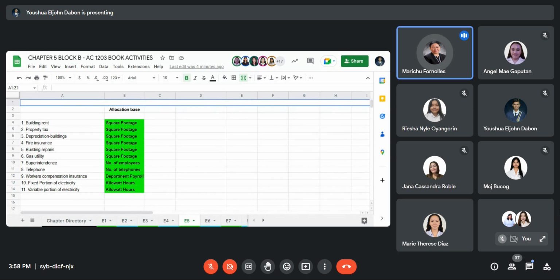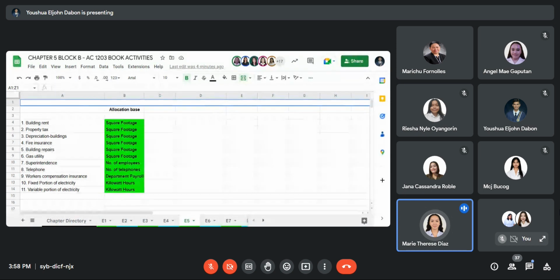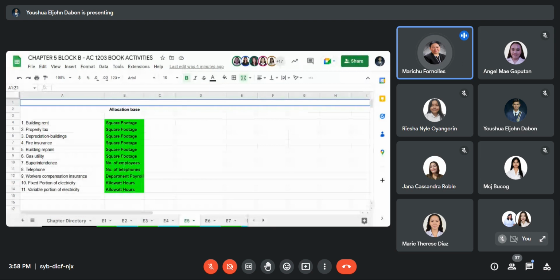Correct. Number 9. Workers' compensation insurance will be based on department payroll. Number 10. Fixed portion of electricity would be for kilowatt hours. Yes, that can be in terms of kilowatt hours. Pwede rasad siya sa square footage for the fixed portion of the electricity, because the amount is fixed, no, regardless of its consumption.